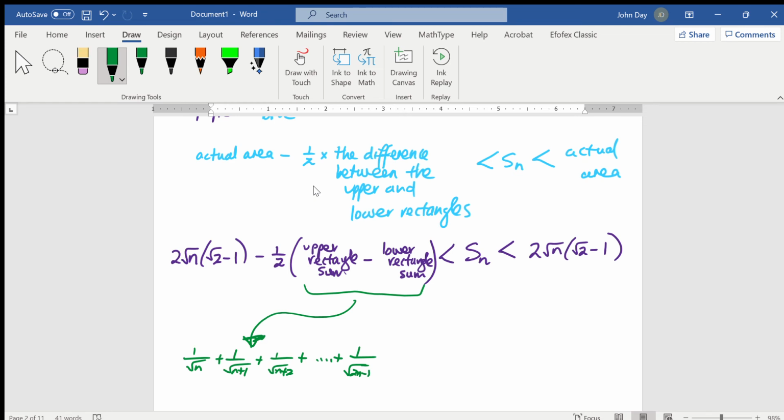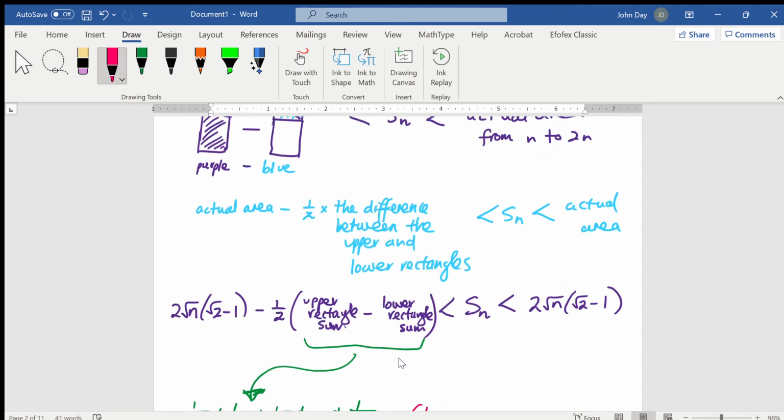And the lower rectangle sum, so minus, and the lower rectangle sum starts at 1 on root n plus 1. You can see that from the diagram.